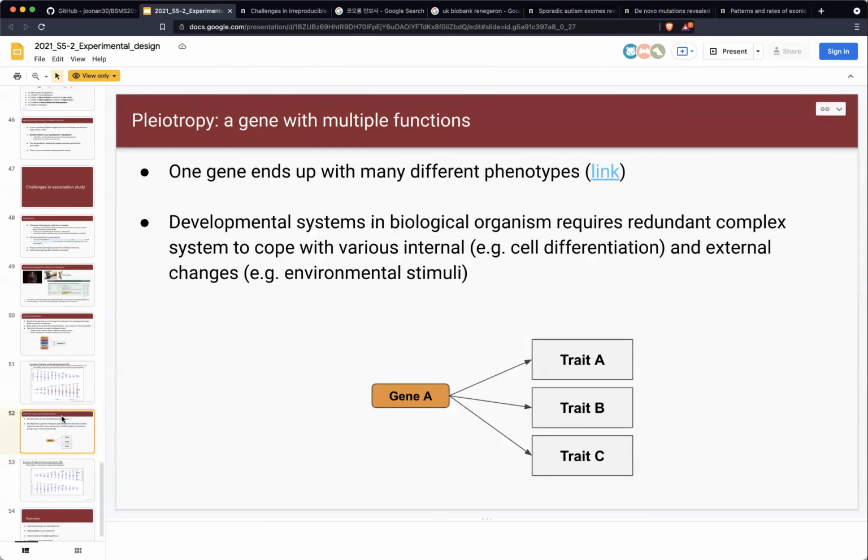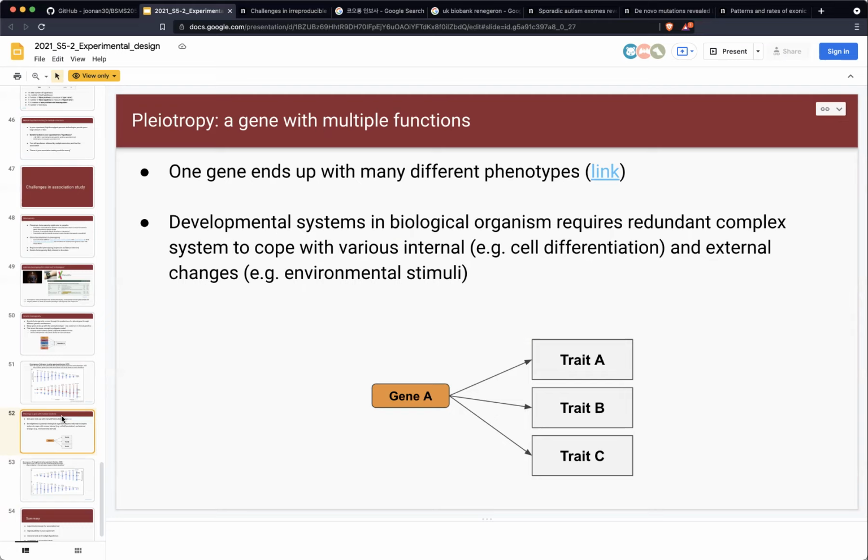And another genetic challenge is pleiotropy. Pleiotropy means that a single gene can have multiple functions. Why can a single gene do multiple functions?